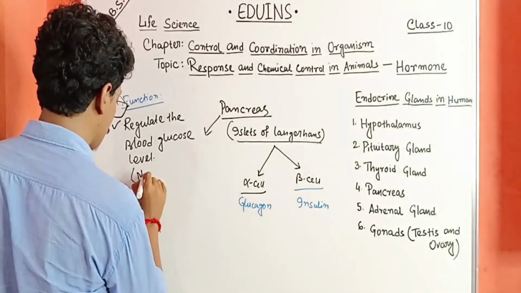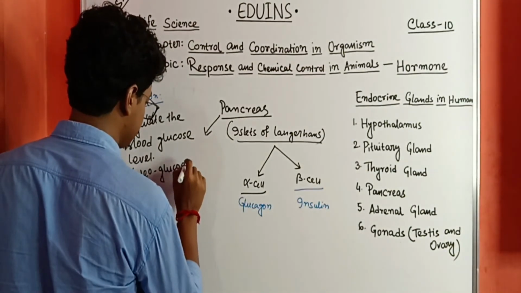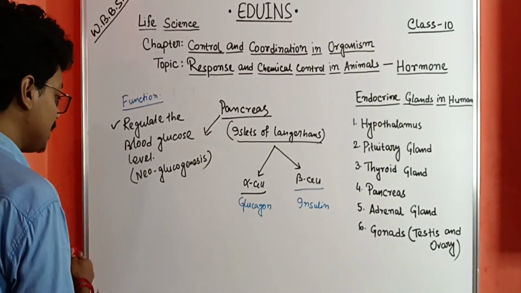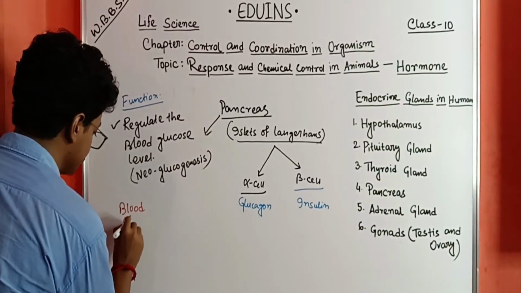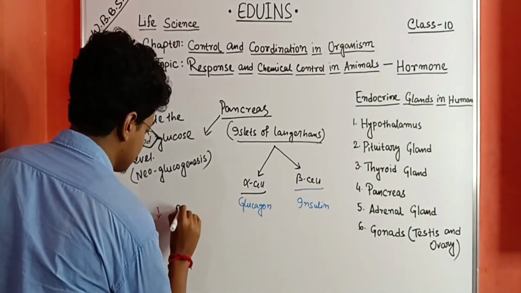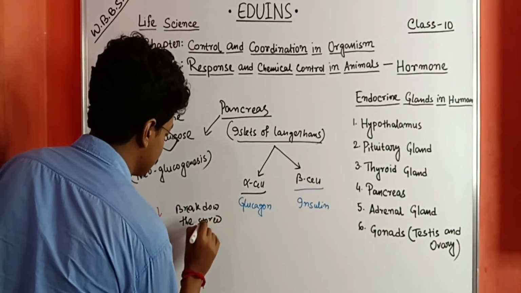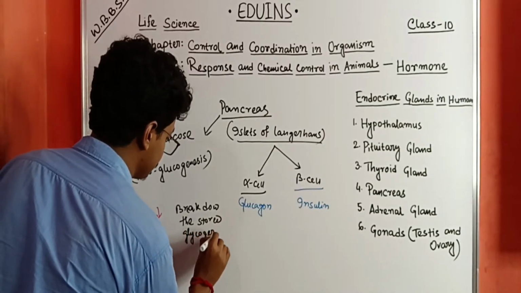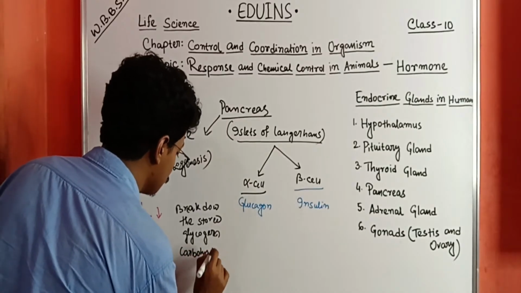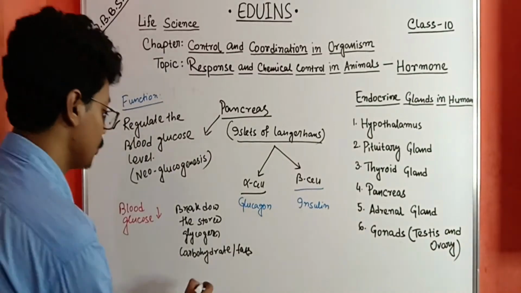By the process of gluconeogenesis. When the blood glucose level is low, it breaks down the stored glycogen and also other carbohydrates like fructose, sucrose, and fats into glucose.